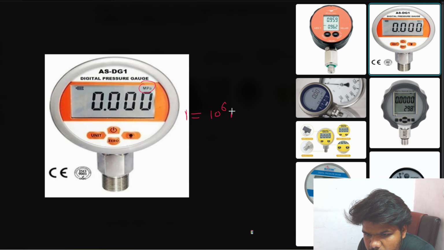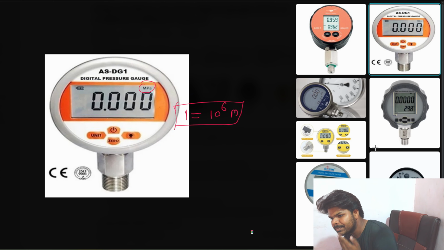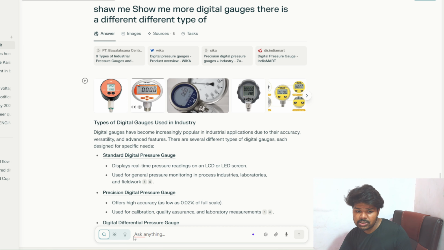So here it is shown in megapascal. Kilopascal, 1 pascal is equal to how many megapascal, like 10 to the power 6. 1 pascal is equal to, so it is called, अभी sometimes in psi में भी देख लिया है. And other popular gauges are that kind of gauges, not too hard to show.